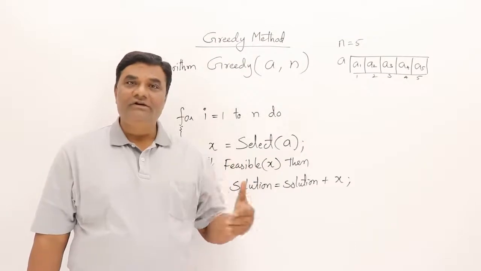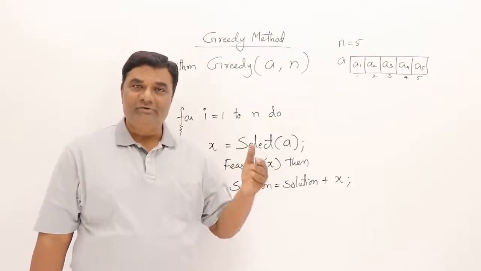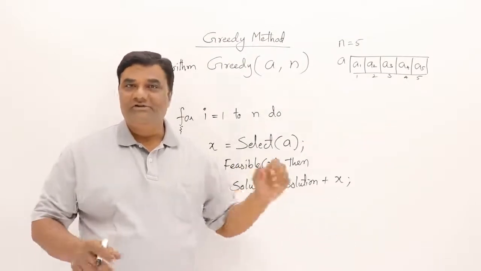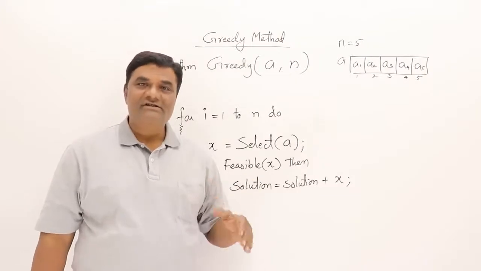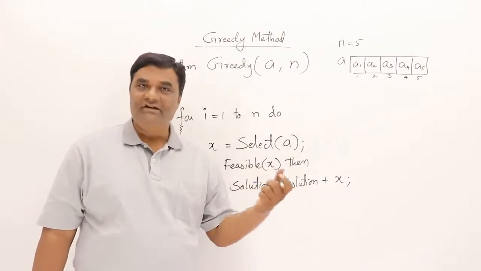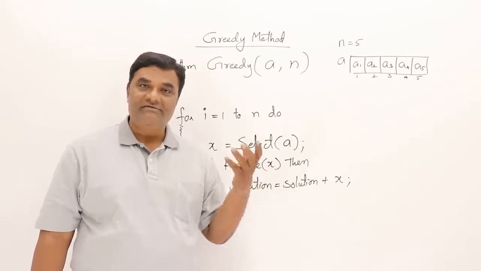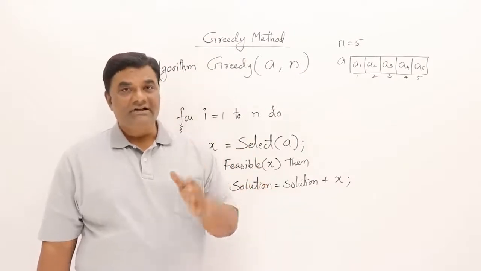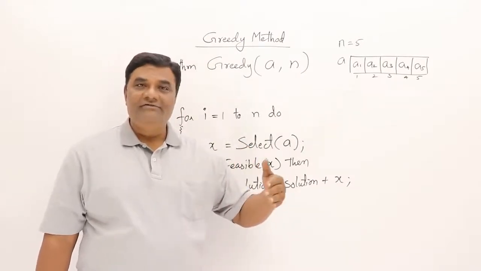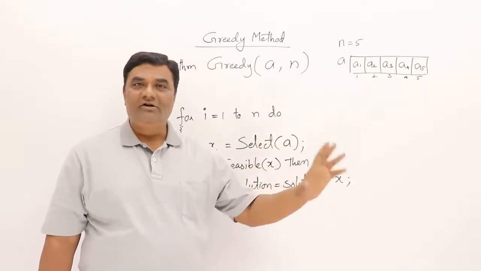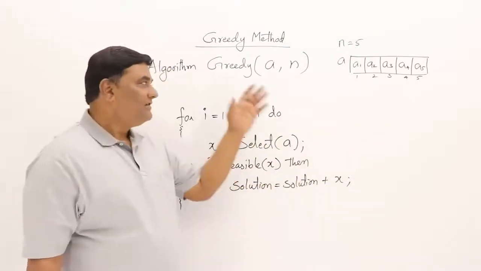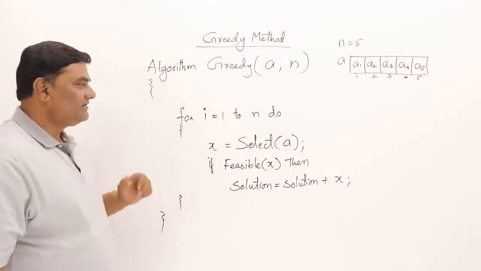So by including all those feasible inputs, we will get an optimal solution. So in stages, each time we pick up an input and consider it, and if it is feasible, we include it, and if we follow this procedure, we will get the optimal solution. So here a general method is given.